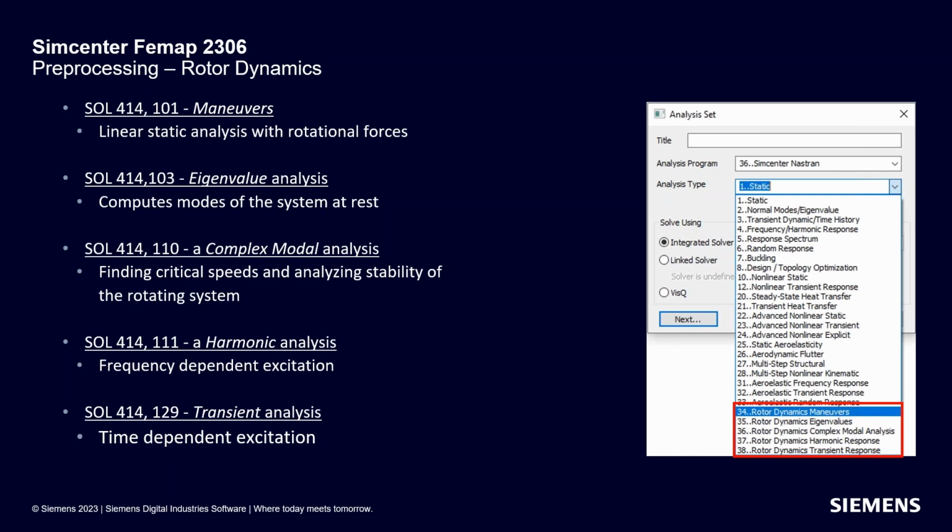And then the complex modal analysis is used for finding critical speeds, basically crossings where your rotational speed matches one of the frequencies of a component on a rotor, such as a turbine blade or something. And then the harmonic and transient analysis look at the response due to a frequency or a time-dependent excitation. So you'll see they're all added here in the analysis set window.